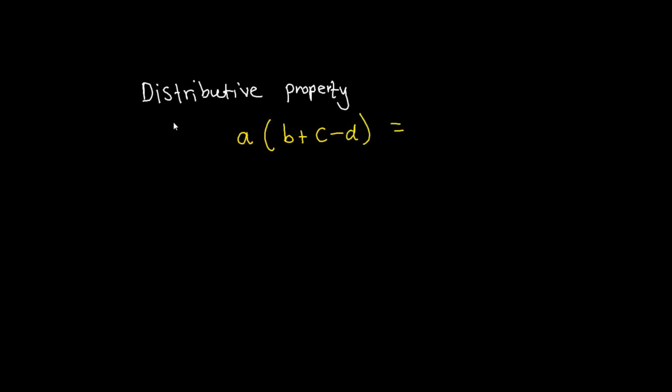Basically, it means that if I have a value outside of the brackets that is multiplied to the brackets, for example a times b plus c minus d, I need to take the value outside the brackets and distribute it, multiplying it to every term inside the brackets.